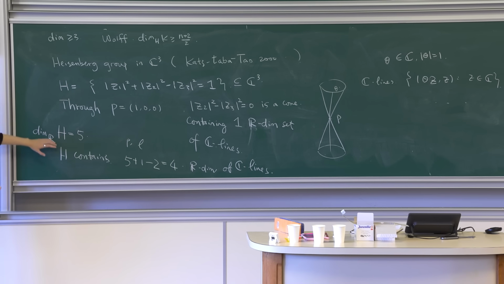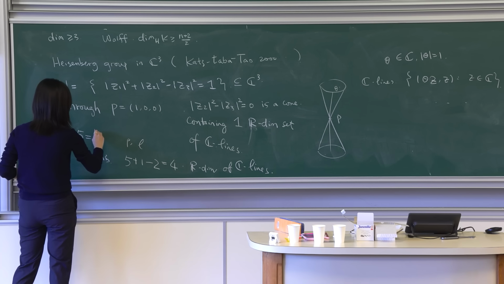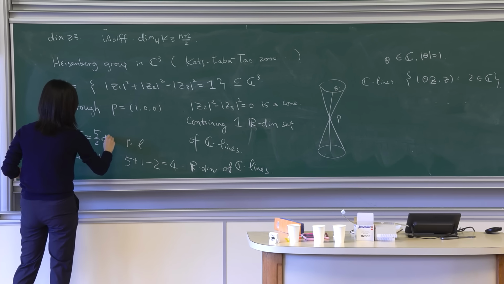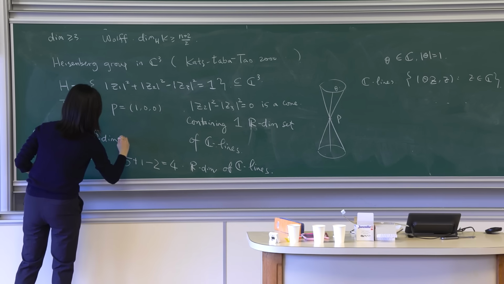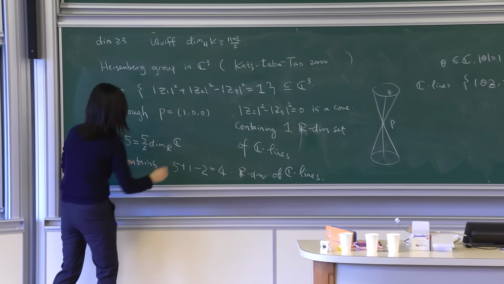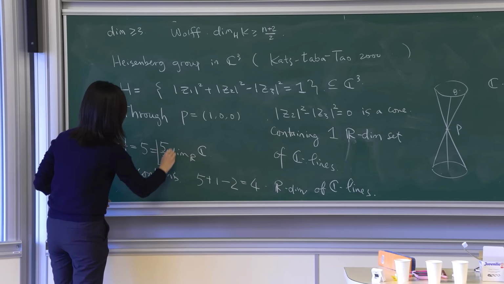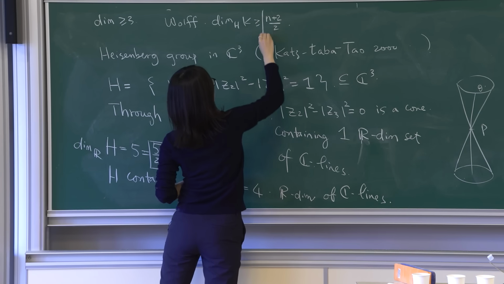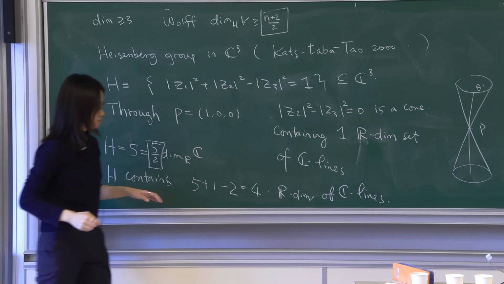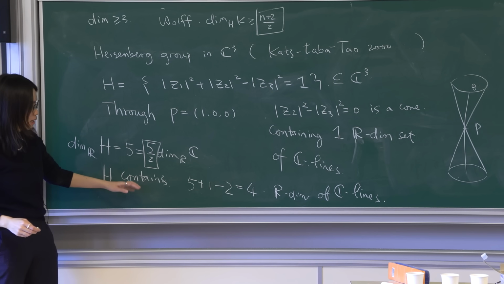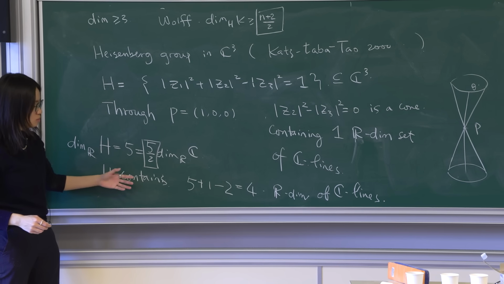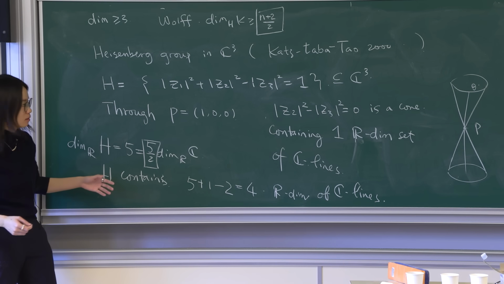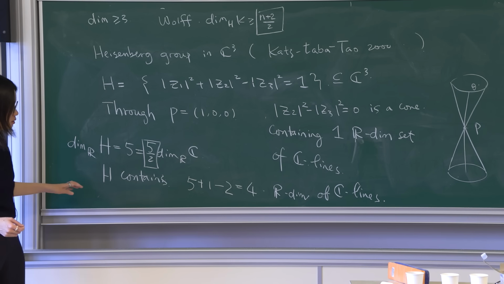This is sharp because it equals 5/2. This is where Wolf's exponent comes from, and this is why it's very difficult to improve Wolf's bound for Kakeya sets in R3.